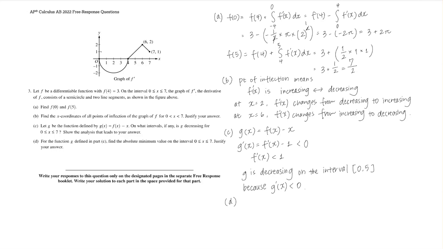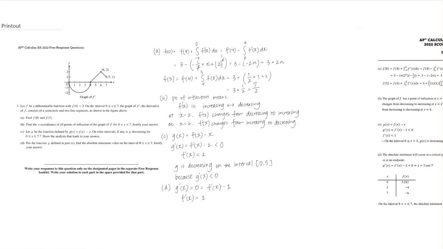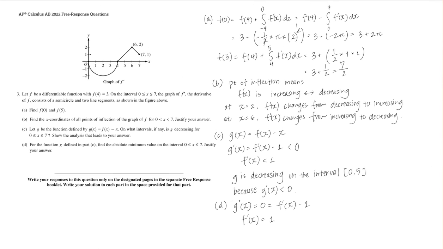To find the absolute minimum value, we need to find the critical points, which also means that f prime of x minus 1 has to be 0.